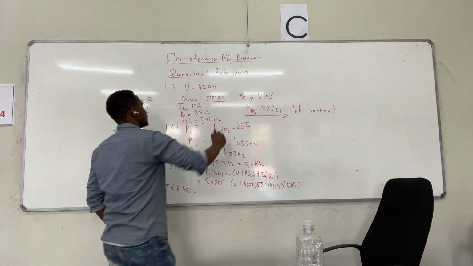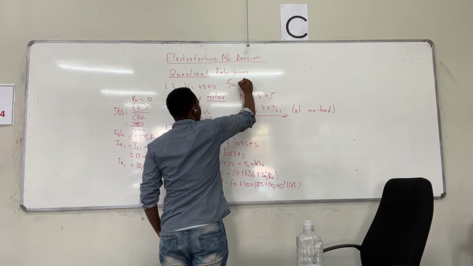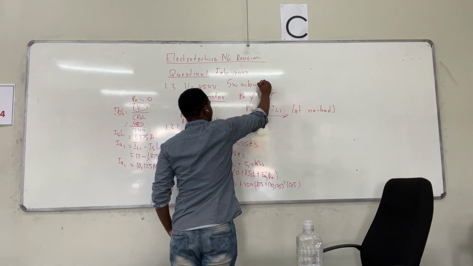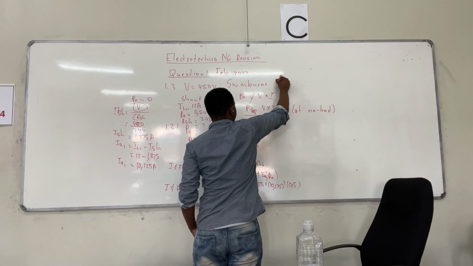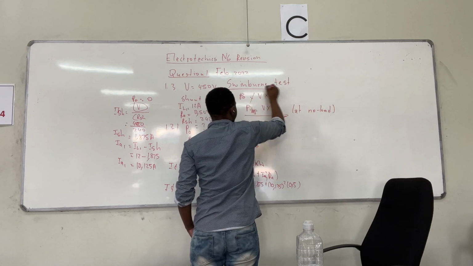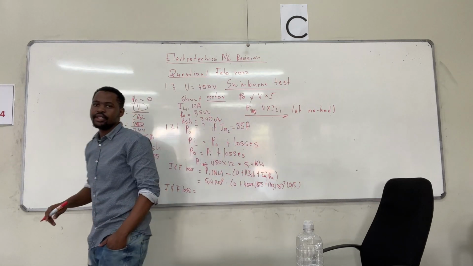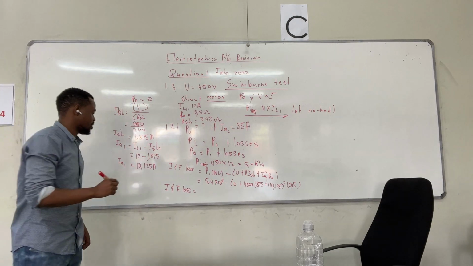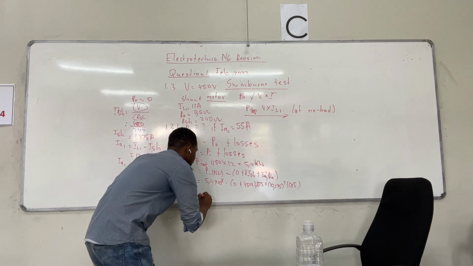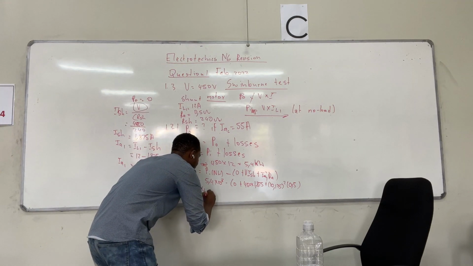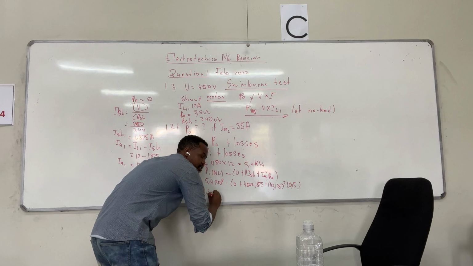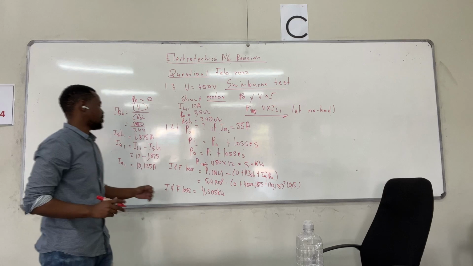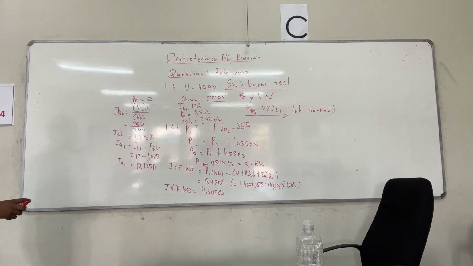So basically, the iron and friction loss is 4.505 kilowatts. Those are our iron and friction losses.